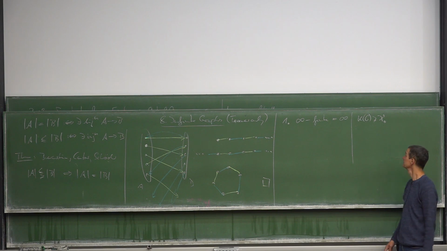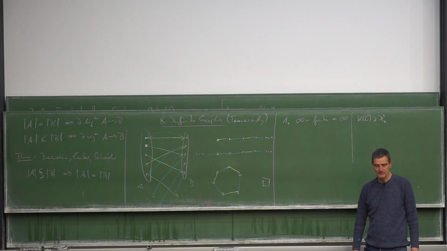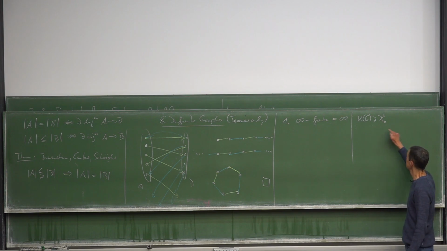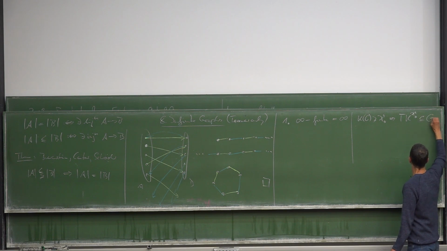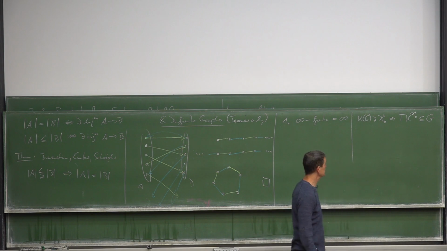It's not more. So I'll assume now that you know what ℵ0 is. It's the smallest infinite cardinal. And if the connectivity of a graph is infinite, then it has an infinite complete subgraph subdivided in it somewhere.